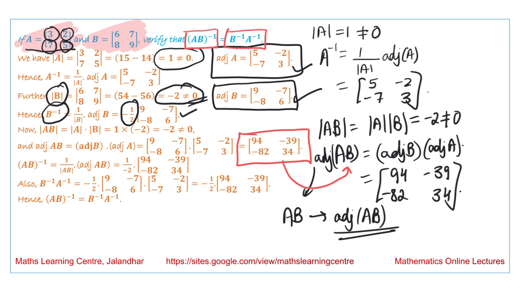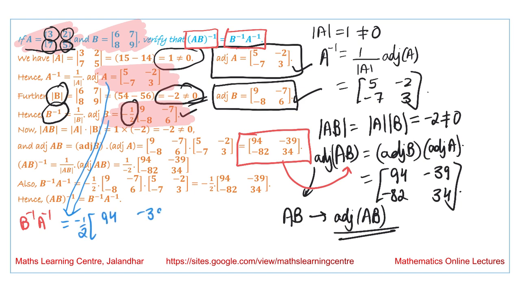So we calculate the value of B inverse into A inverse. The value of B inverse we have, this is the value of B inverse, this is the value of A inverse. We multiply both these and we obtain this value, which is equal to minus 1 by 2, 94, minus 39, minus 82 and 34.